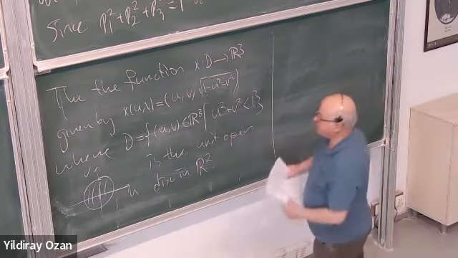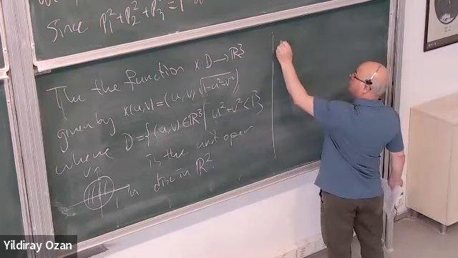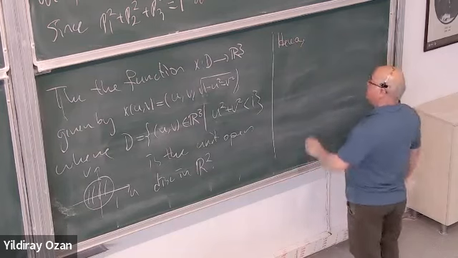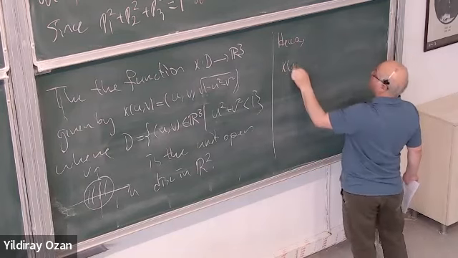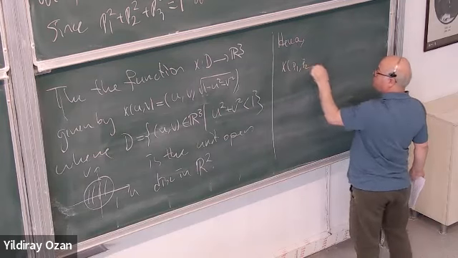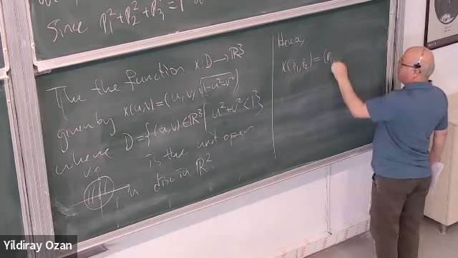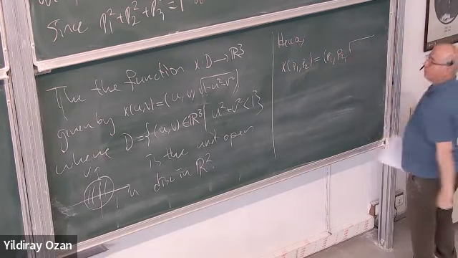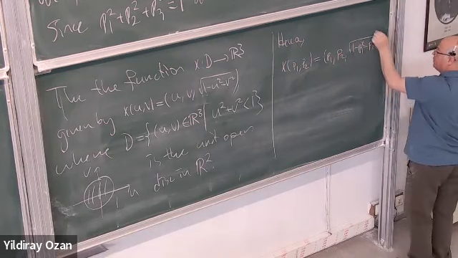Hence, what is x of P1, P2? It is just P1, P2, and then the square root of 1 minus P1 squared minus P2 squared.